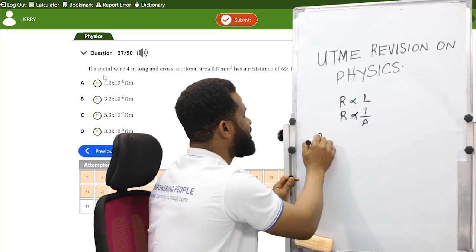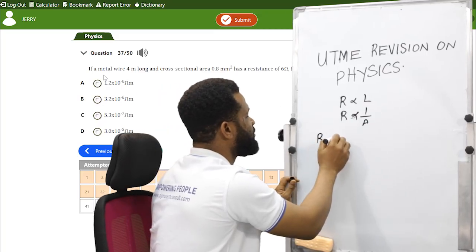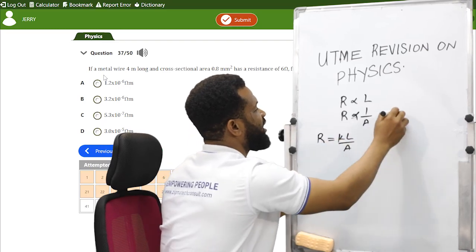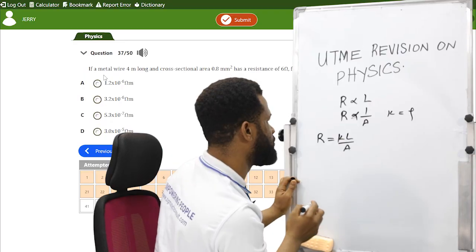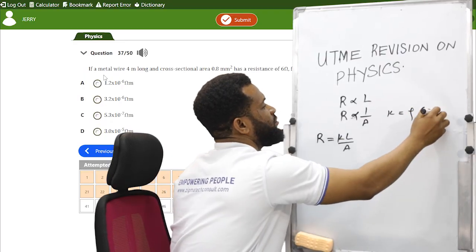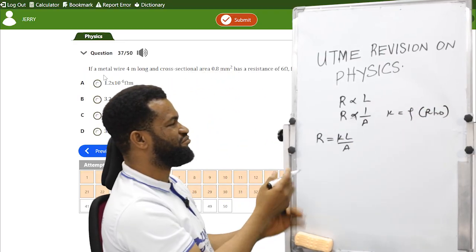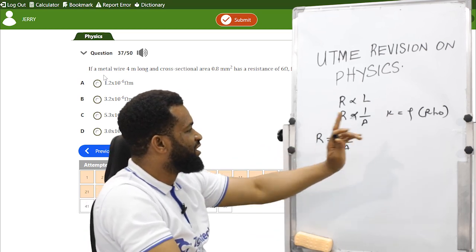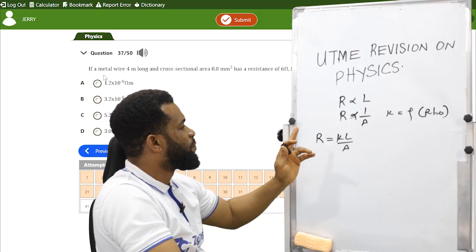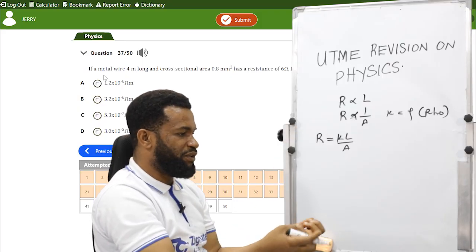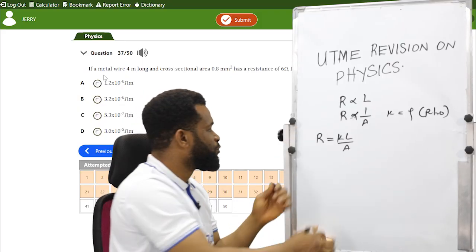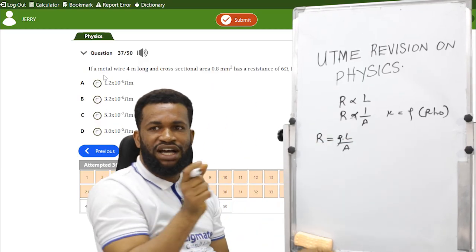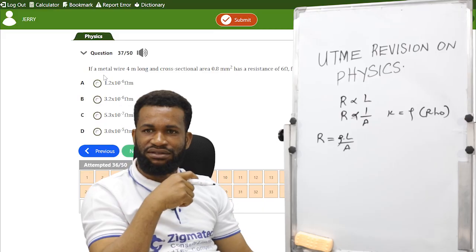So when I combine this, I have R = K L over A, such that K is given as rho. This is another scientific symbol used for representing the constant of a wire or the nature of a wire, which is called resistivity. So I will put that as resistivity, and that is what we are asked to find.